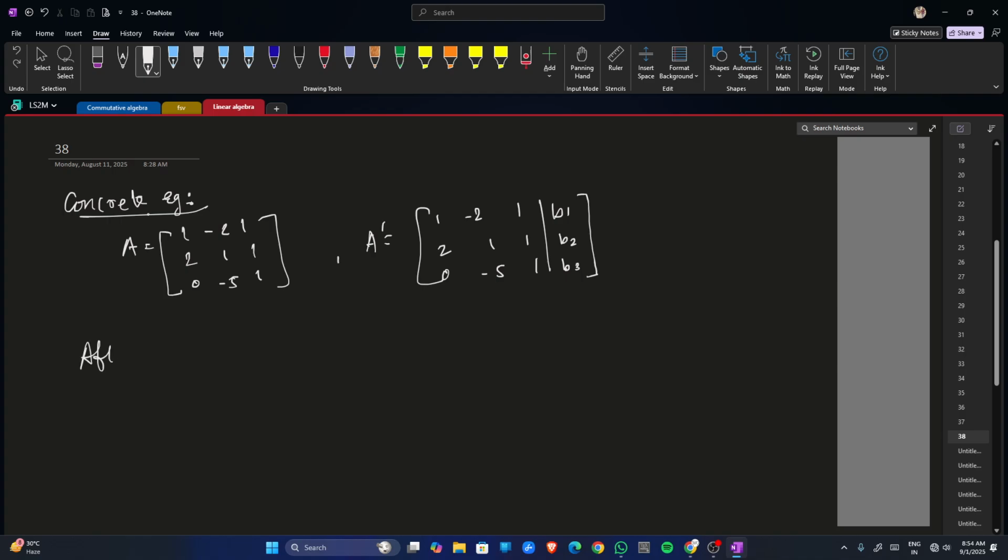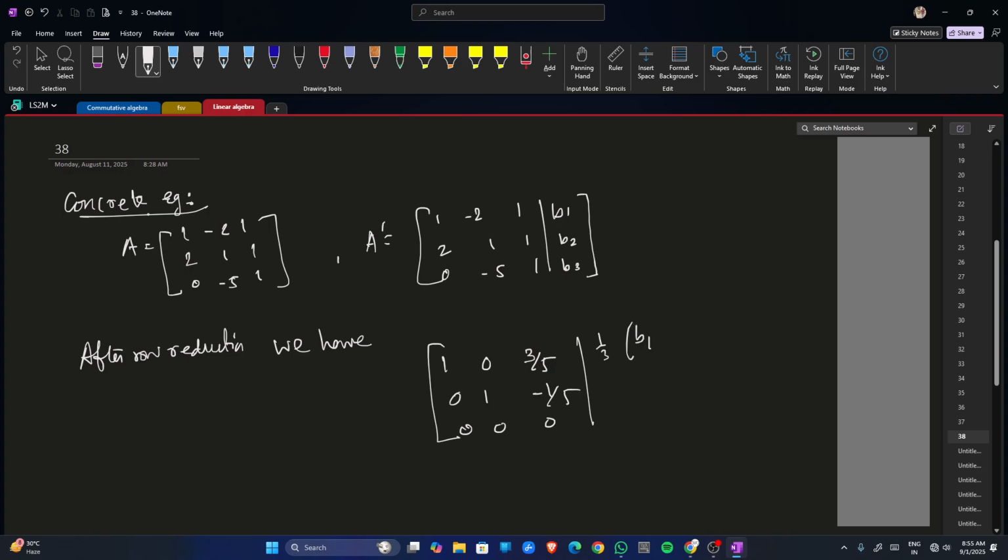After row reduction, we have 1 0 3 by 5, 0 1 minus 1 by 5, 0 0 0, with last column 1/5 of b1 plus 2b2, b2 minus 2b1, and b3 minus b2 plus 2b1.